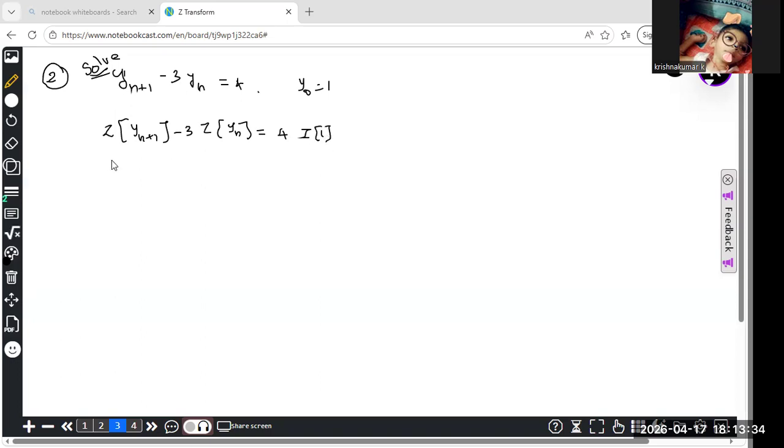Okay, so here if you apply that formula, this will be z into z transform of y(n) minus y naught. Minus 3 times here this will be z transform of y(n) only. So 4 into z transform of 1 is z by z minus 1, isn't it? Okay, already you know this one.